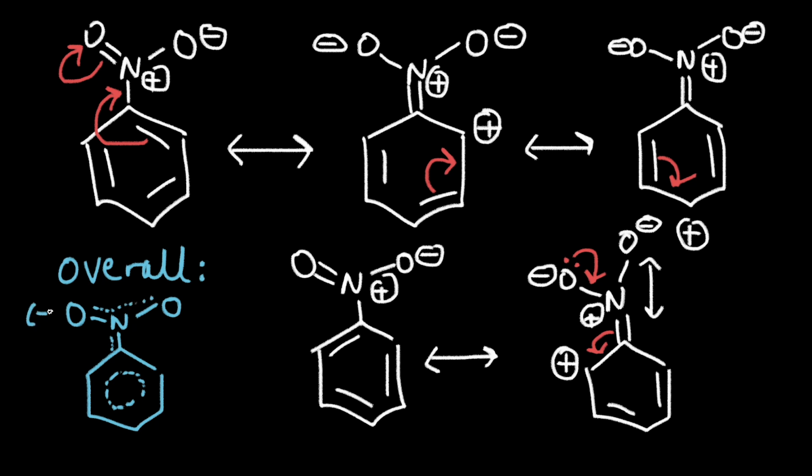We're going to have partial negative charges on these oxygens, and then partial positives on these carbons. So the positive charges have gone on to the 2, 4 and 6 positions, which leaves the 3 and 5 positions with greater electron density than the 2, 4 and 6. So what this means is that these carbons are the ones that electrophiles are most attracted towards.